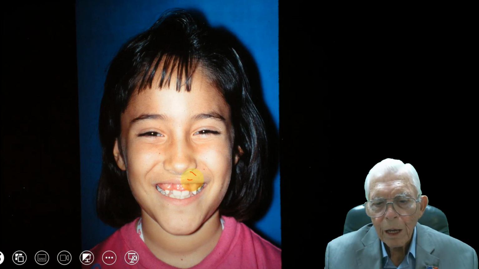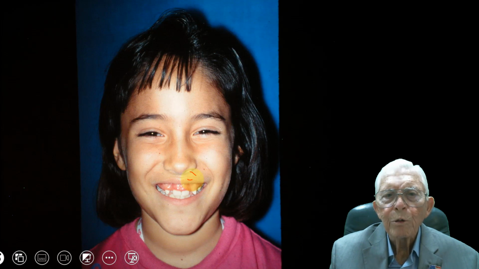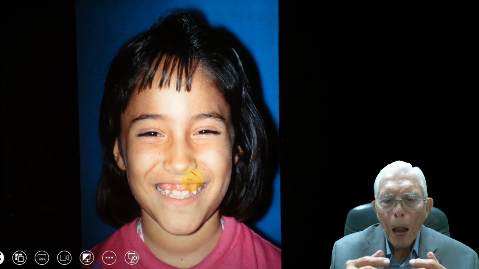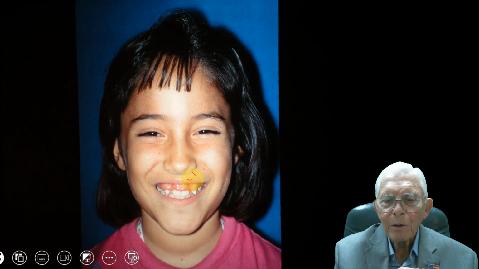Now when somebody has a lip that's real short, usually they've been a mouth breather or some problem has happened in there. So you can get that person to stretch that lip over their teeth and just pull down on it.